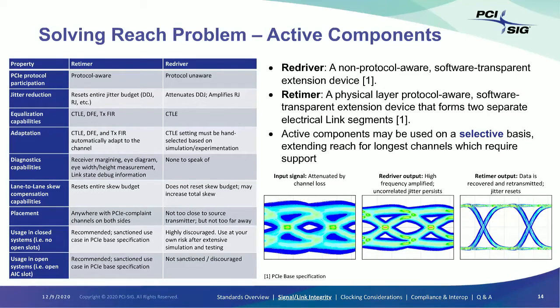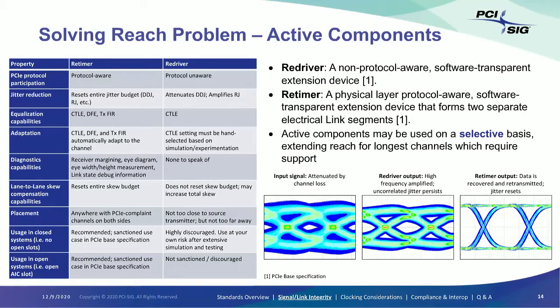And then I guess the last thing I would note, summarizing the three remaining rows there, is because a retimer must comply with all the receiver and transmitter specifications, it can be placed in a system effectively in any location where an endpoint could be placed or a root complex could be placed.